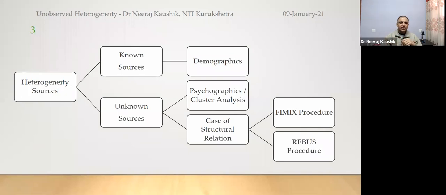So how to find out how many segments are there in my target audience, in my sample? One method is cluster analysis. The purpose of cluster analysis is that it identifies groups not on the basis of demographics, but on the basis of psychographics. So we ask some psychographic questions. Have you noted that sometimes we say to our friends, you know, this person was never young, he was an old-age person right from his childhood?